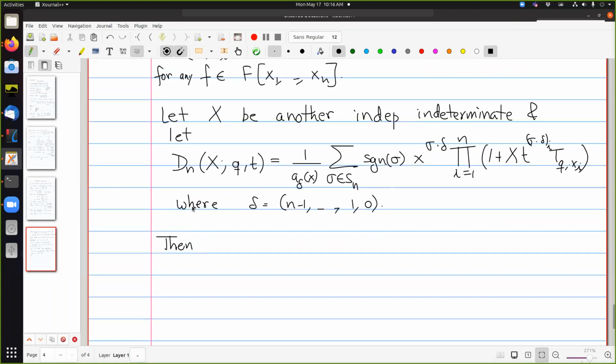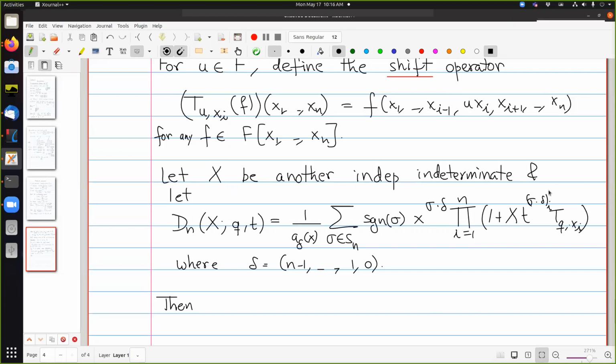That's the capital X. No, the one ahead of the sign, that means x1 raised to something, x2 raised to something. Yes, exactly. It's a monomial where the first index is the power of x1, the second is the power of x2. I guess there is a small x and a big X. That's maybe confusing. Yes, small x stands for x1 up to xn.